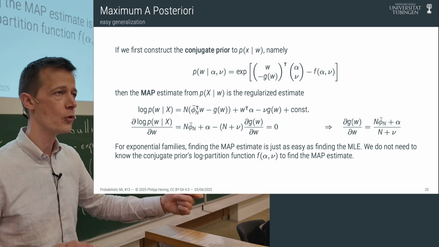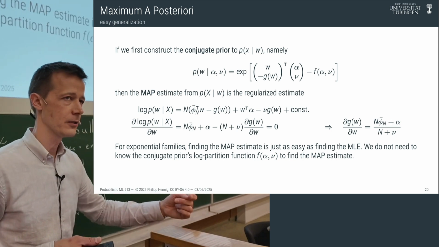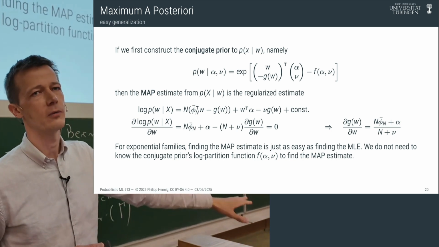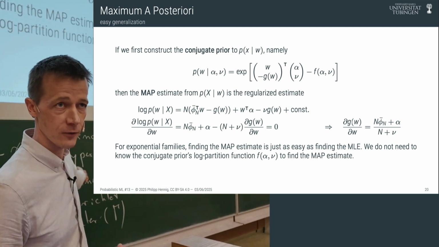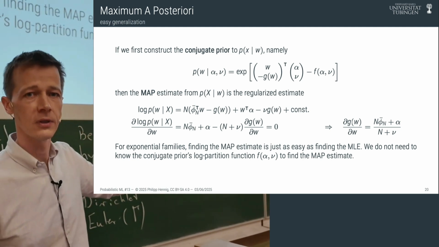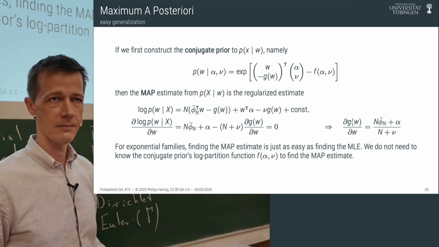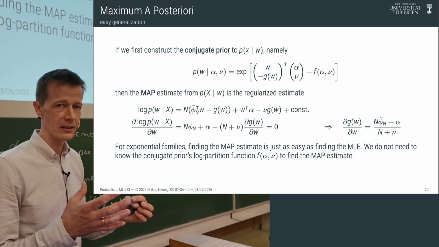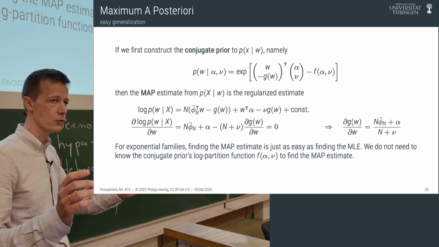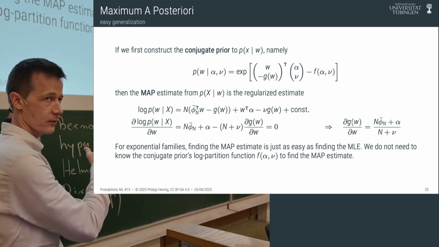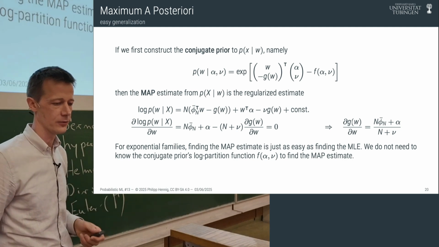Find the mode of prior times likelihood, because finding that mode does not require this log normalization constant. And you know from this nasty piece of code that I showed you before that you can compute that unnormalized log probability density function automatically for any exponential family. You don't need to write any new code. This fancy Python code on the previous slide already does that for you.